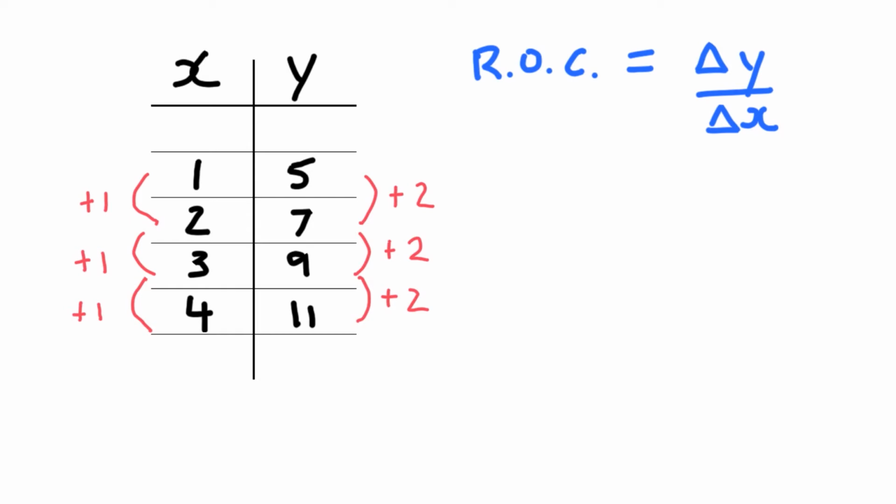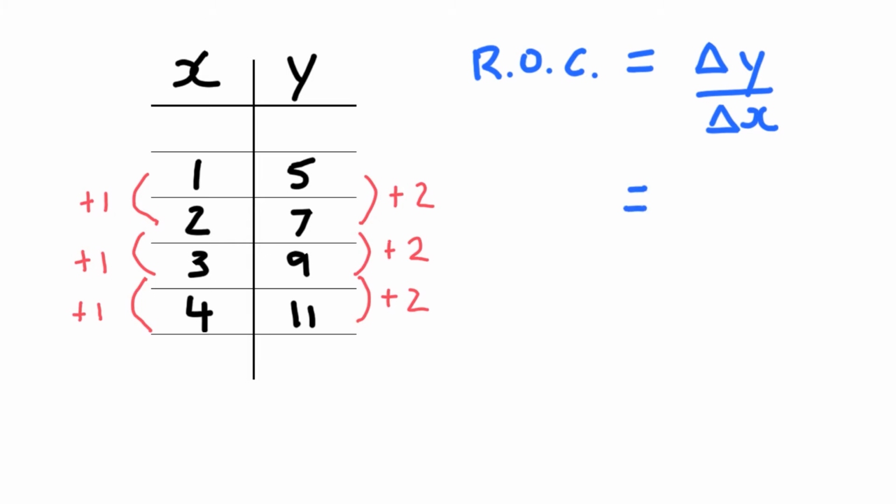These aren't actually triangles. These represent the Greek letter delta. But when we read this, we say change in y over change in x. And it always has to be the y over the x. Now what is this asking? It's asking us how much are the y values changing in relation to the x values.